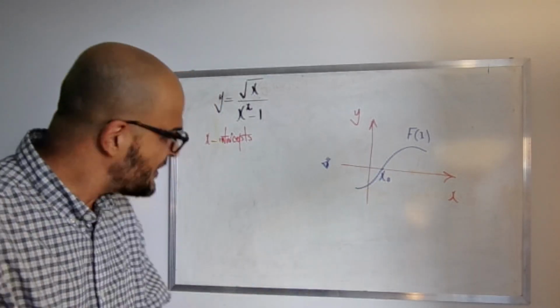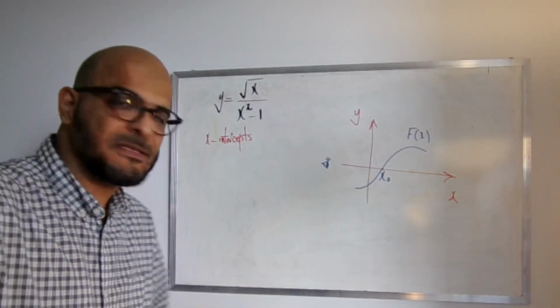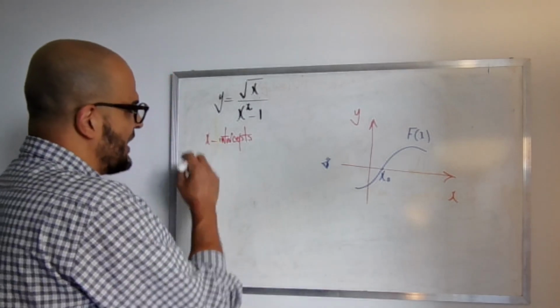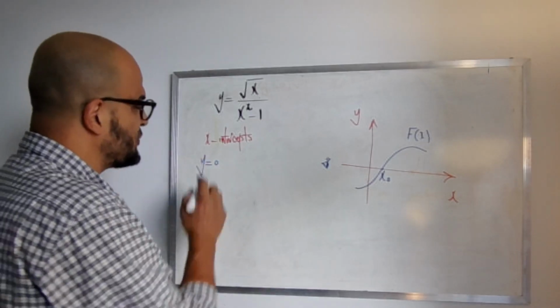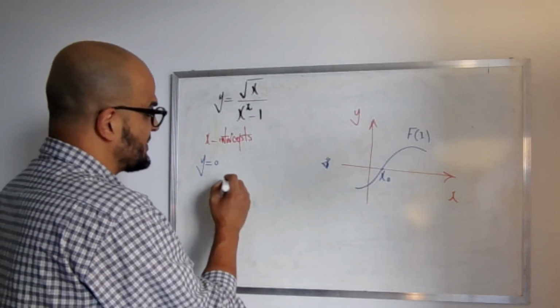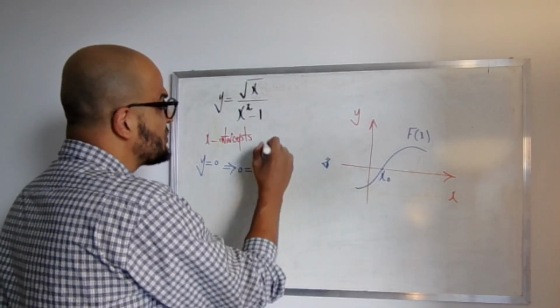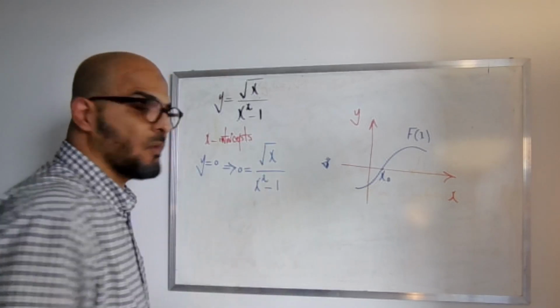And that gives me a clue that in order to find the x-intercepts, I have to set y equal to 0. Then as a result I get 0 equals square root of the x over x squared minus 1.